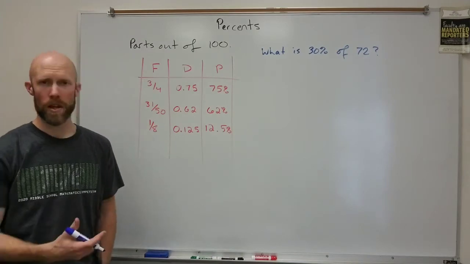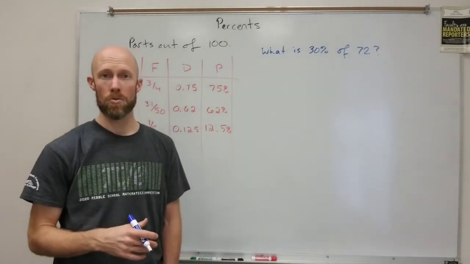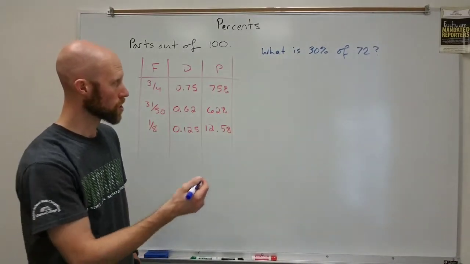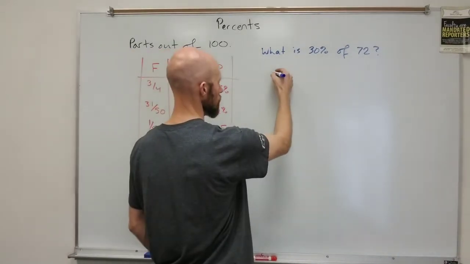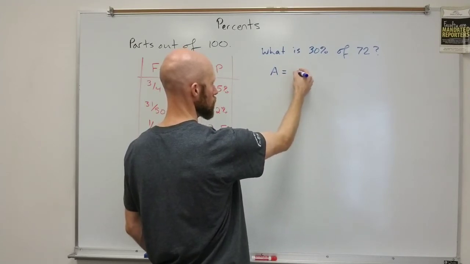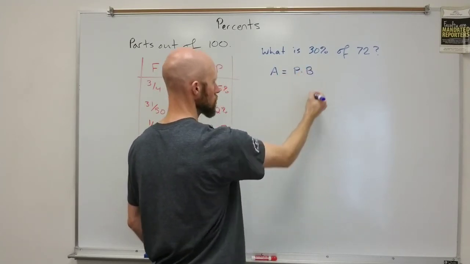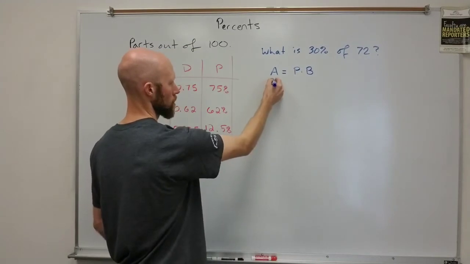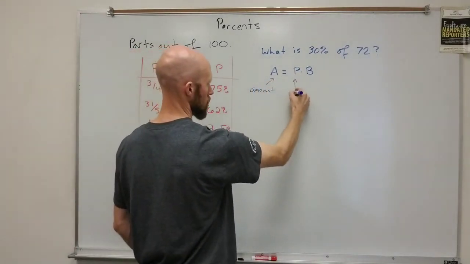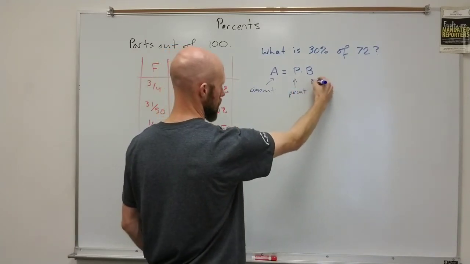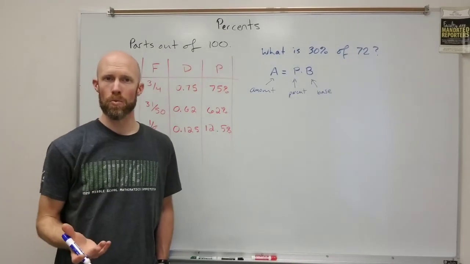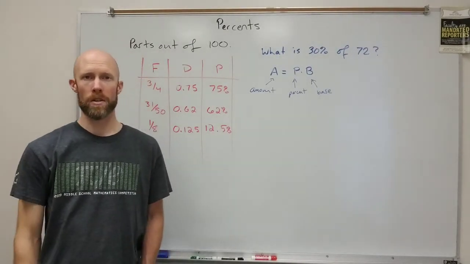Well, to figure that out, we're going to use an equation. The equation generally is the amount is equal to the percent times the base. So amount, percent, and the base. Now the base, as a general rule, it will follow the word of in the sentence.